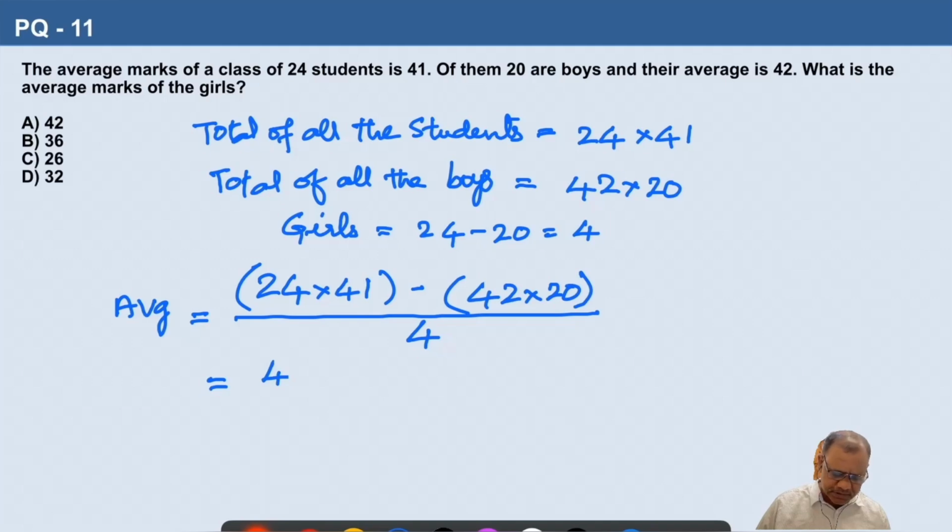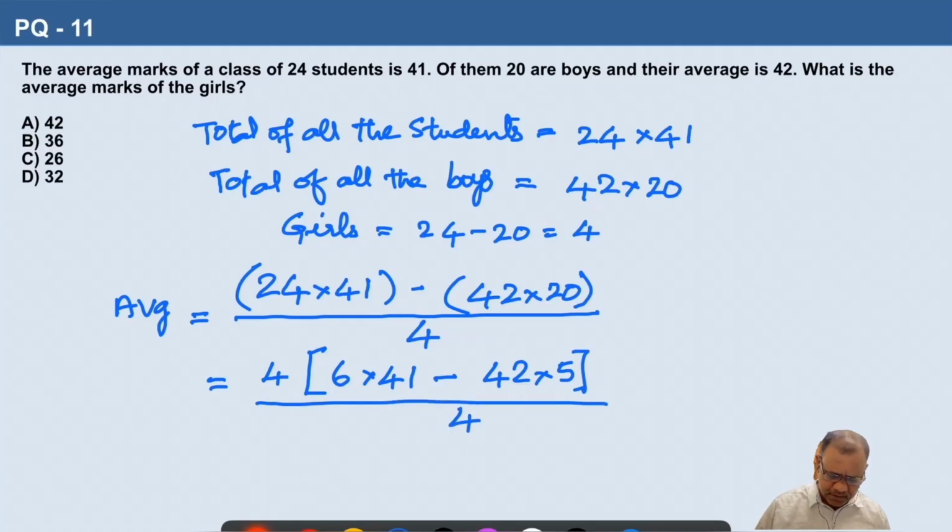You will get 6 times 41 minus 5 times 42, since 4 fives are 20. Divided by 4, the 4 gets cancelled.